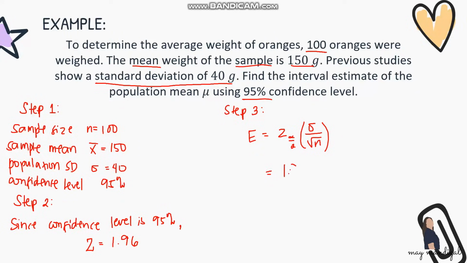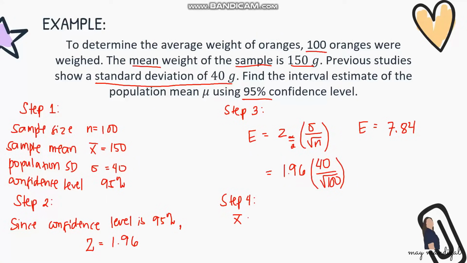We have 1.96 times our population SD, which is 40, divided by square root of 100. Just plug this into your calculator, round off to 2 decimal places, and we will get a margin of error of 7.84.